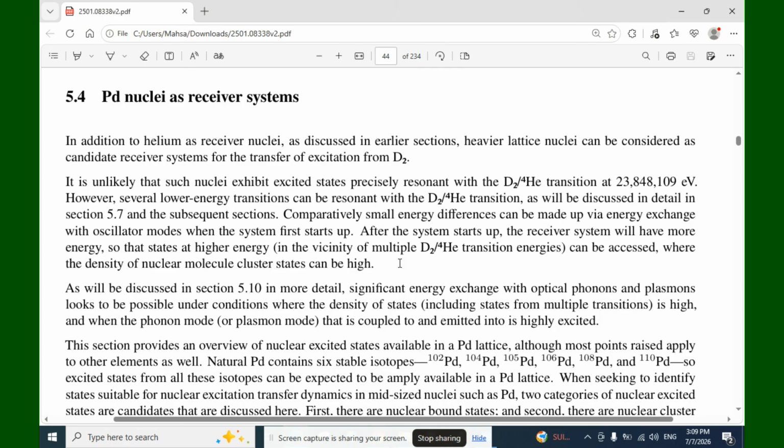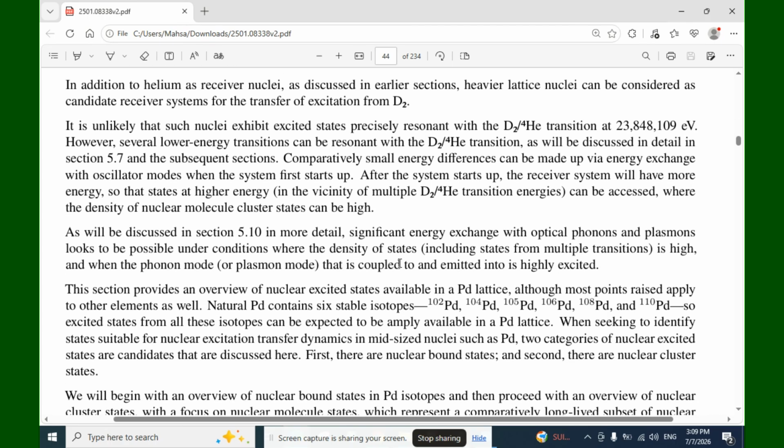It is not likely that such nuclei exhibit excited states precisely resonant with the deuterium-deuterium to helium-4 transition at 23,848,109 electron volts. Several lower energy transitions can be resonant with the deuterium-deuterium to helium-4 transition, as will be discussed in detail in section 5.7 and the subsequent sections.